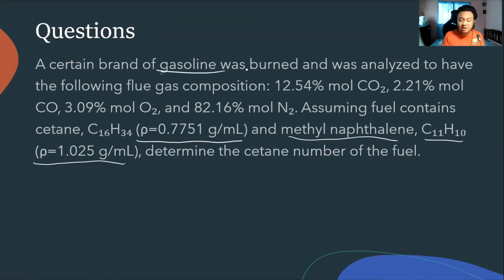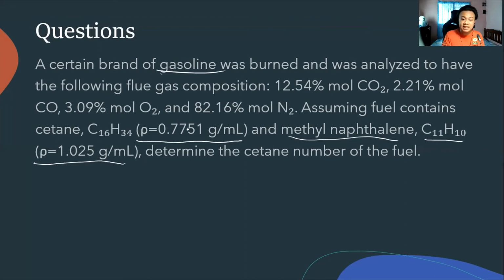Diesel ito, the fuel in your big vehicles, for example L300, the big pick up trucks like Hi-Ace, they run on diesel, but also trucks, many of them, and I think jeeps also run on diesel, di ba? So this is actually diesel if you have cetane.